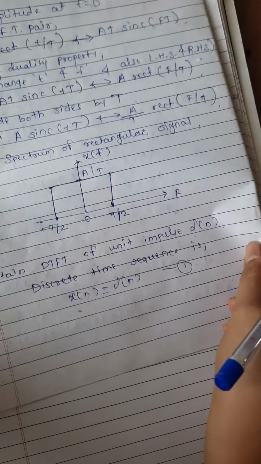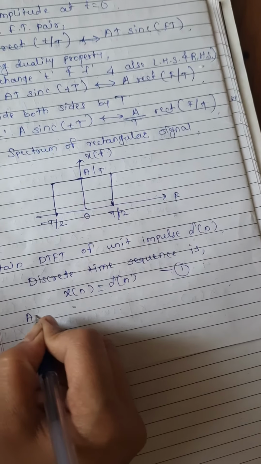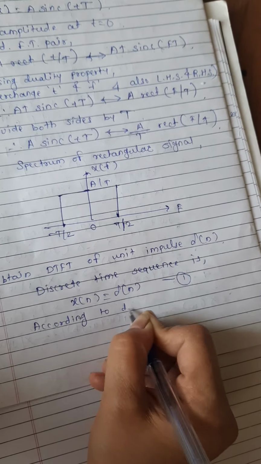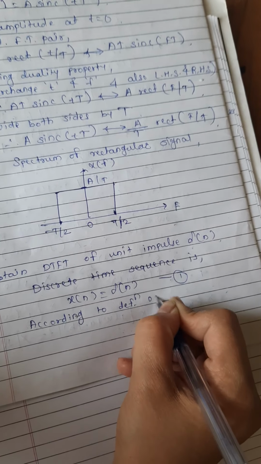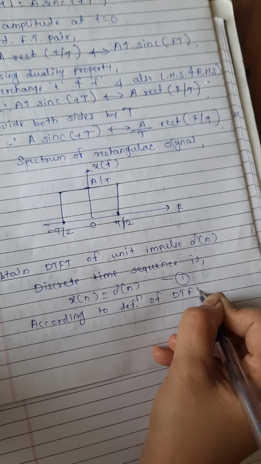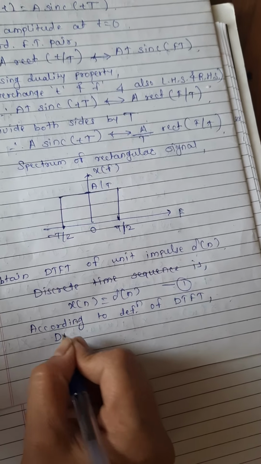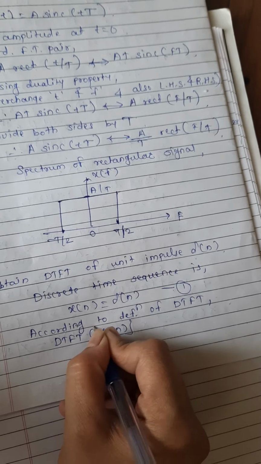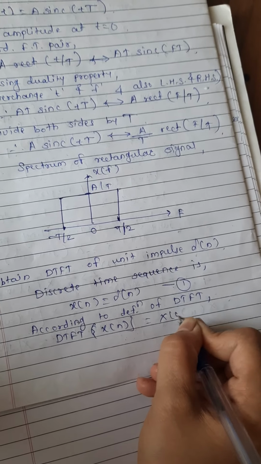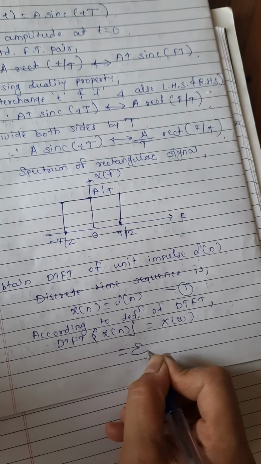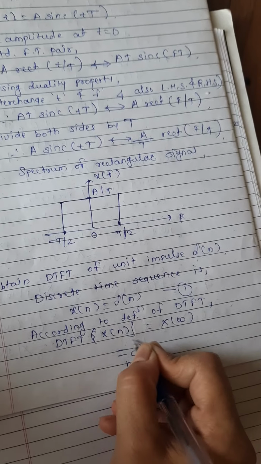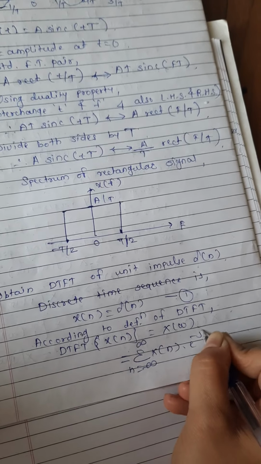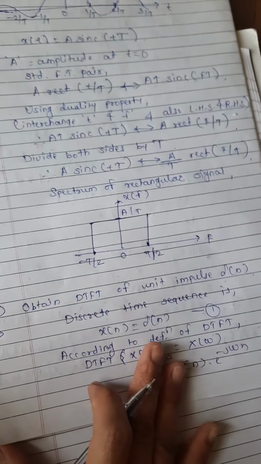Now according to the definition of DTFT, we have DTFT of x(n) is X(omega), which is the summation n goes from minus infinity to infinity x(n) e raised to minus j omega n.